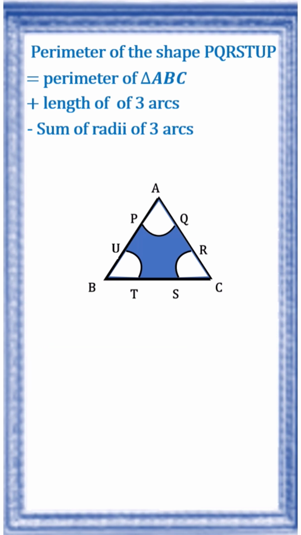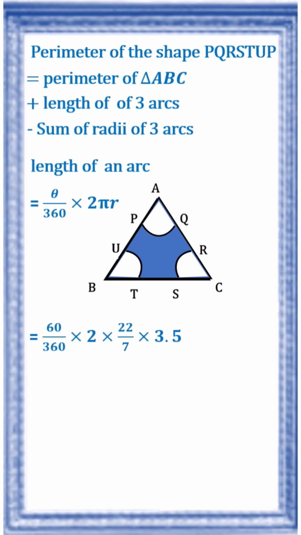Now let us calculate the lengths of three arcs. Okay, how can we? Length of an arc, the formula is theta by 360 into 2 pi r. Here theta is 60. I have already told you, since it is an equilateral triangle, all angles are equal to each other and each angle is equal to 60 degrees. 2 pi is 22 by 7.